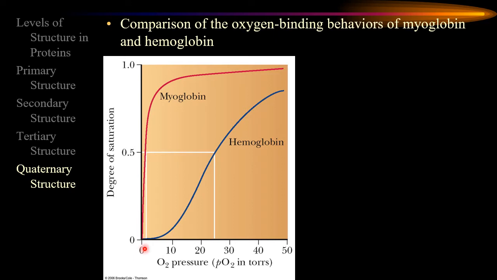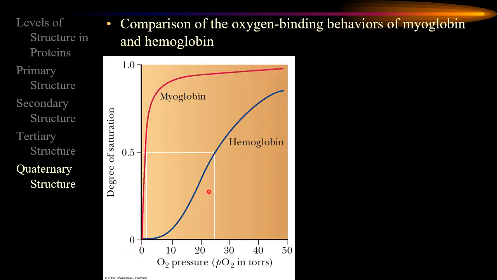Just a few torr of oxygen and it's already bound to myoglobin, and you get almost saturation, meaning all of the myoglobin may have already picked up oxygen at about 50 torr. Reminder, 1 atmosphere is 760 torr. So you can imagine how small the pressure of oxygen is, and yet myoglobin will pick it up.